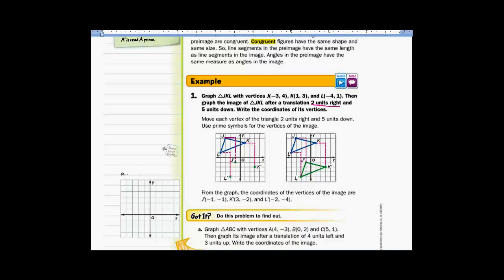That's how they get the new J prime. K, 2 to the right, 5 units down. L, 2 to the right, 5 units down.